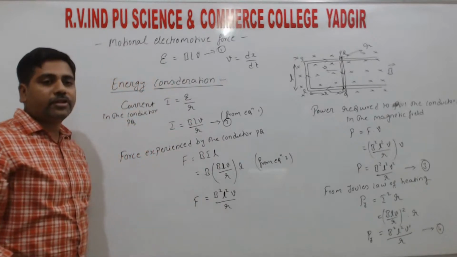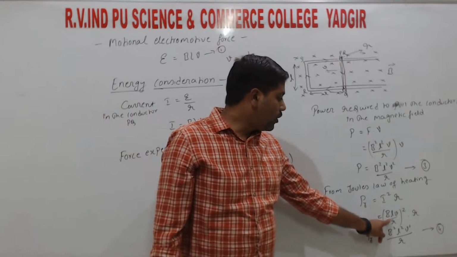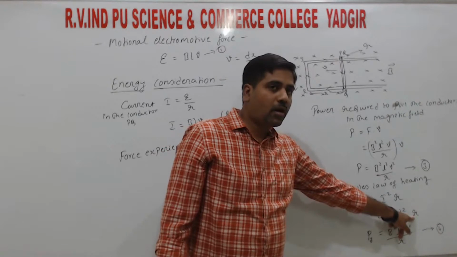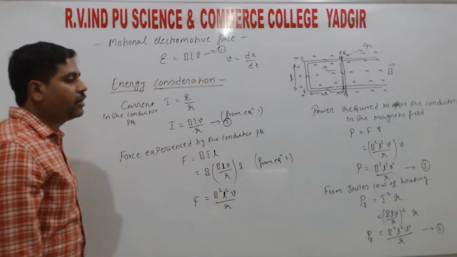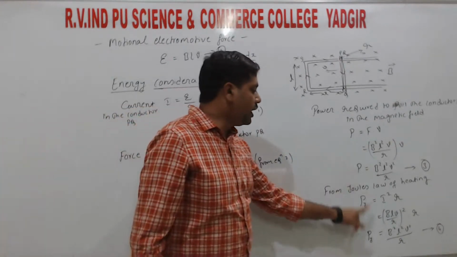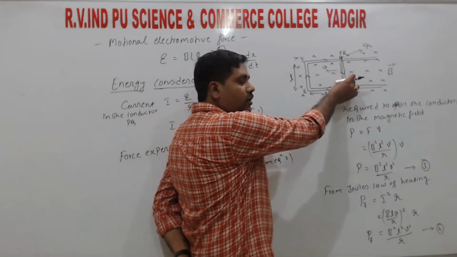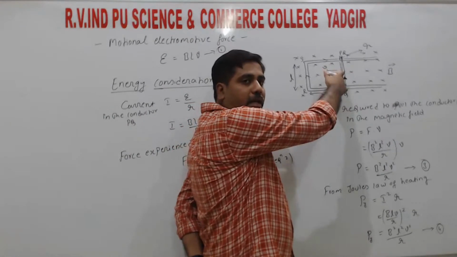So now observe equation 3 and equation 4, right? In the numerator, one R is there, and R and R square get cancelled, so in the denominator we get R, right? So in equation 3 and 4, what are we doing first? We are moving the conductor in the magnetic field. That means we are applying mechanical energy, right?